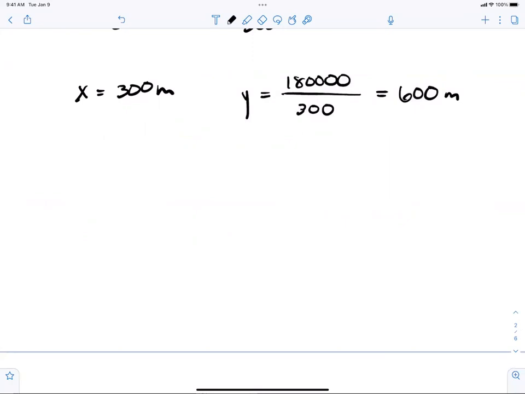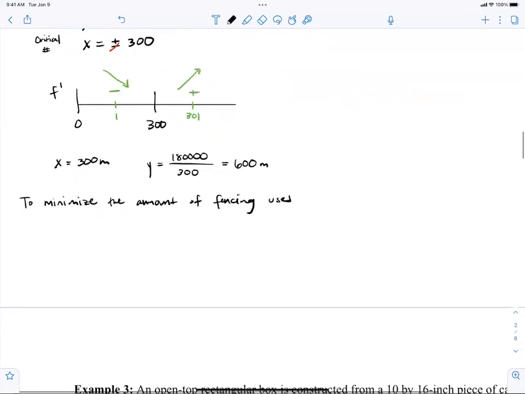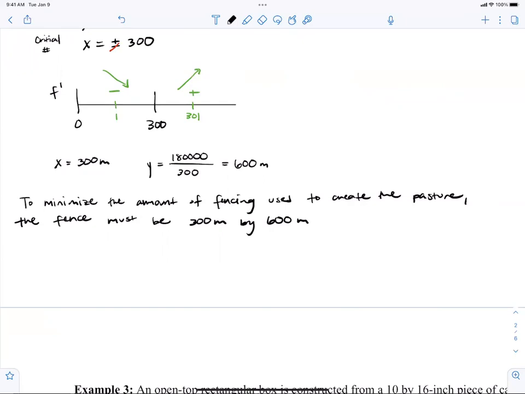So we could say something like, to minimize the amount of fencing used to create the pasture, the fence must be 300 meters by 600 meters. Or you could say the width must be 300 meters and the length 600 meters.